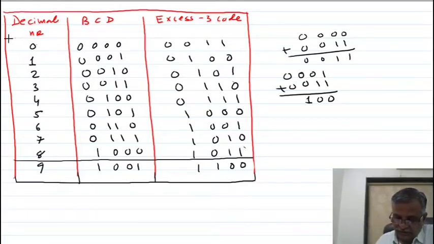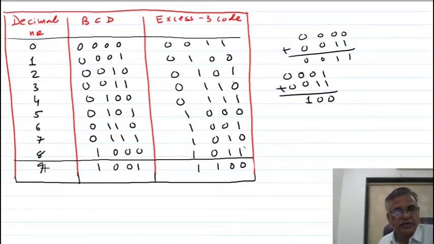So in this table, single decimal numbers 0 to 9 are written with corresponding BCD numbers, and the corresponding XS3 code is given. So I have to add 3 here. 0 plus 3 is 3, 1 plus 3 is 4, 2 plus 3 is 5, 3 plus 3 is 6.